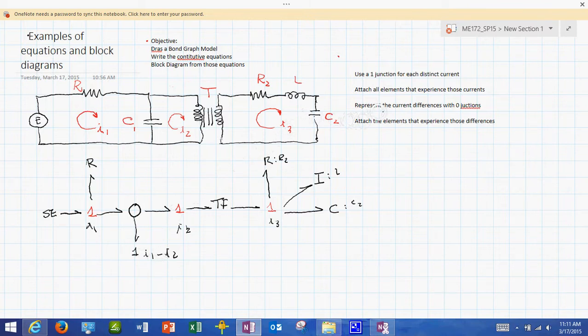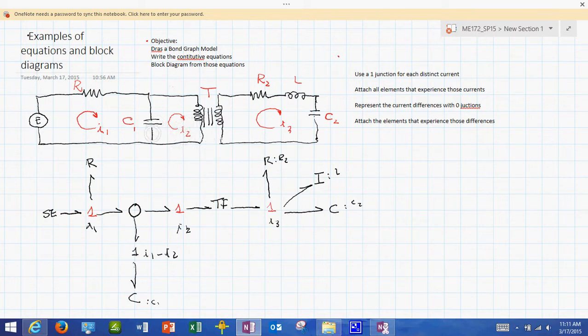We have done this step, and now we attach the elements that see those differences. And that's this element in here. I1 minus I2 is seen by this C element, which obviously has the value C sub 1.